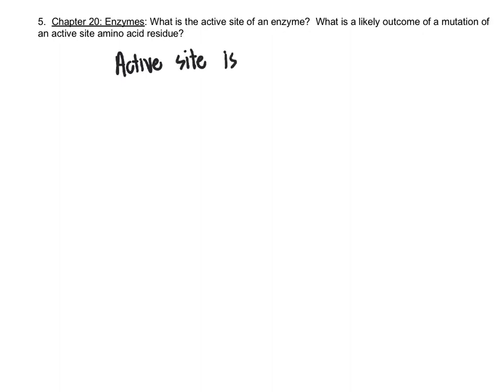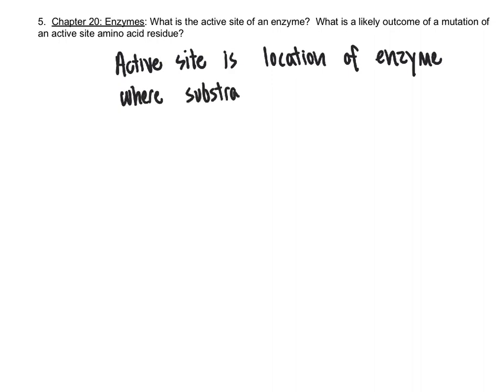So active site is the location of the enzyme where the substrate binds. The substrate has to bind to that active site in order for the reaction to be catalyzed. If the substrate binds poorly or not at all, then the reaction will not be catalyzed.